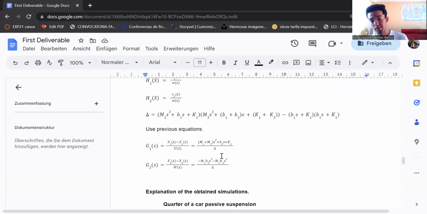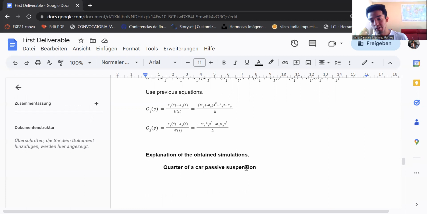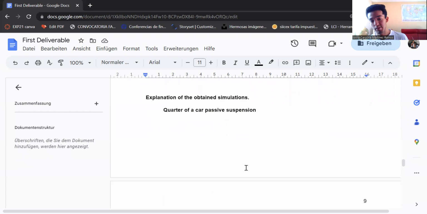And well, what are the explanations of these obtained simulations? By applying MATLAB and Simulink for the quarter of a car passive suspension, we are left with this simulation, which we can see over here.